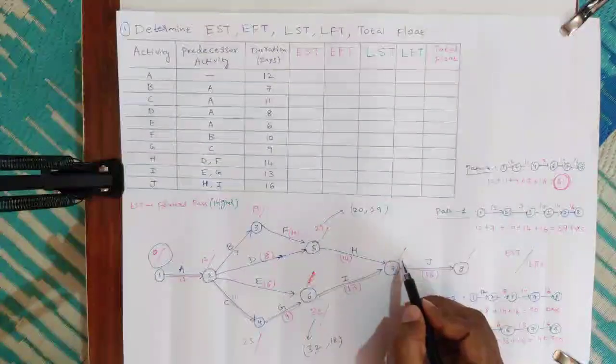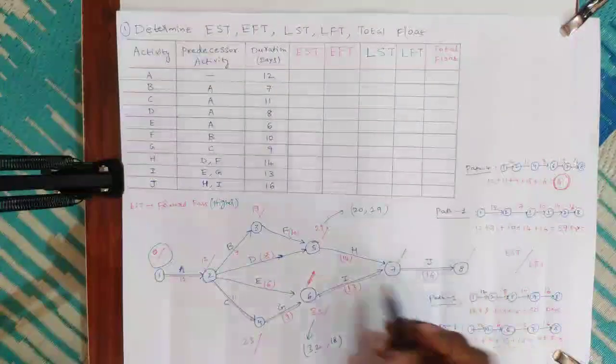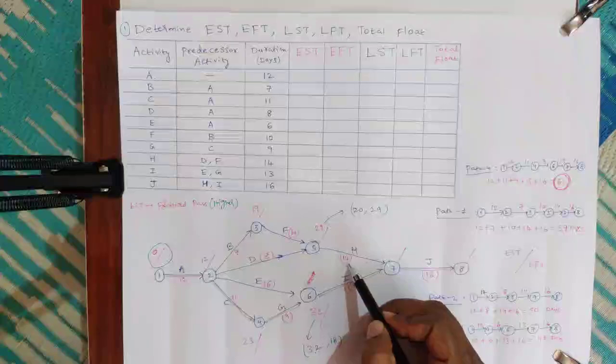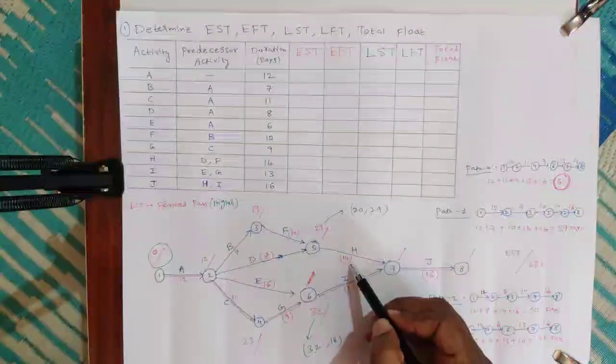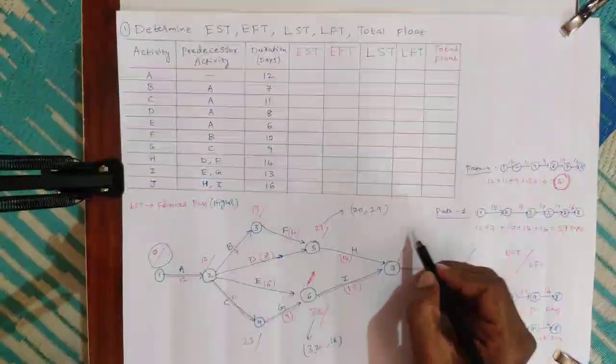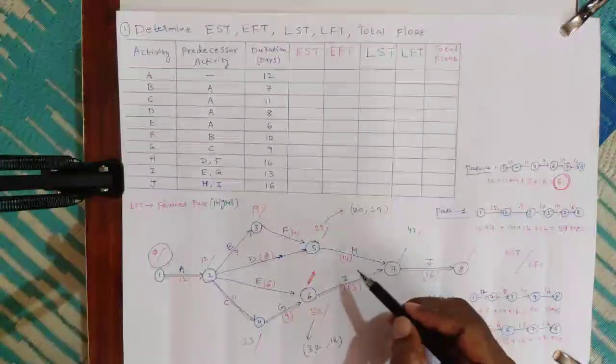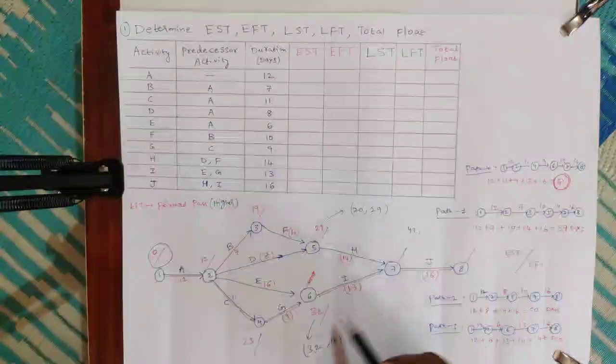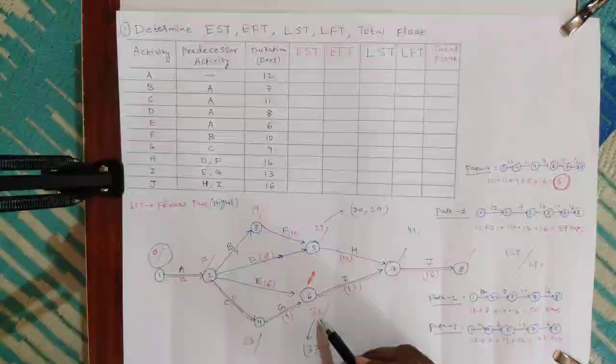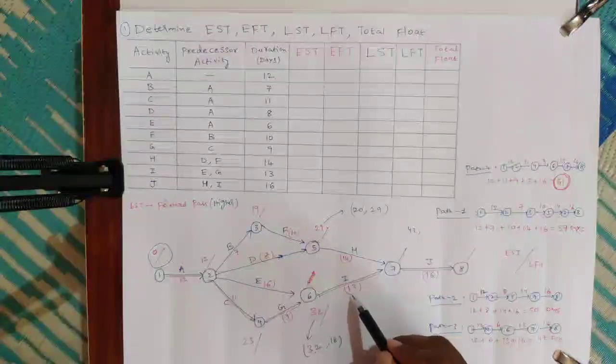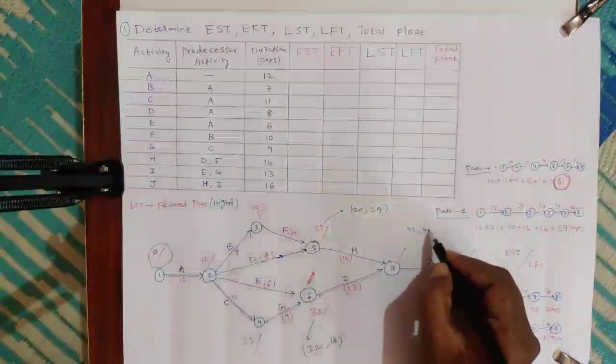And here also, 29 plus 14 is 43, and 32 plus 13 is 45.